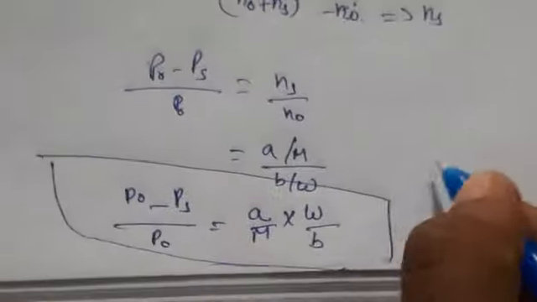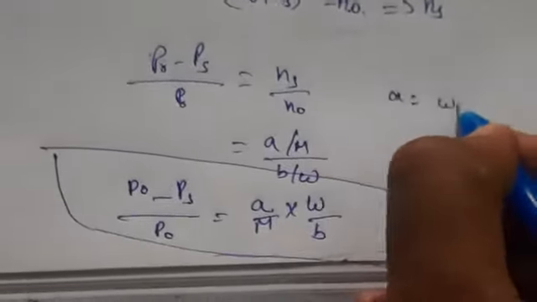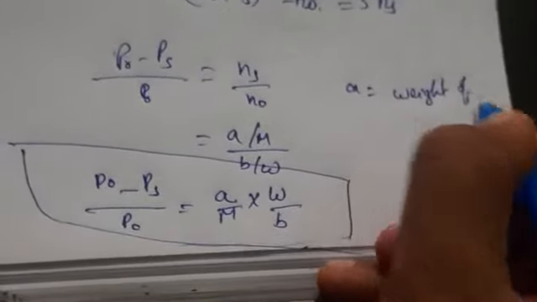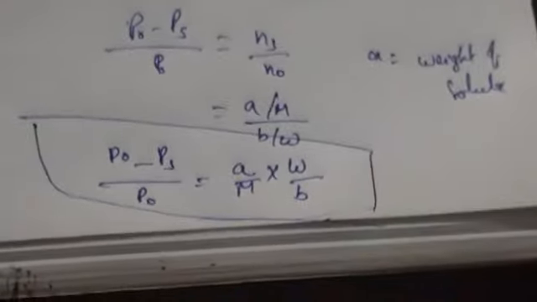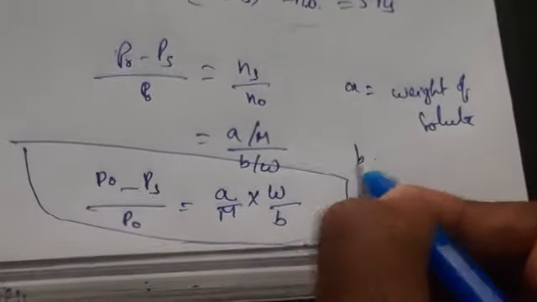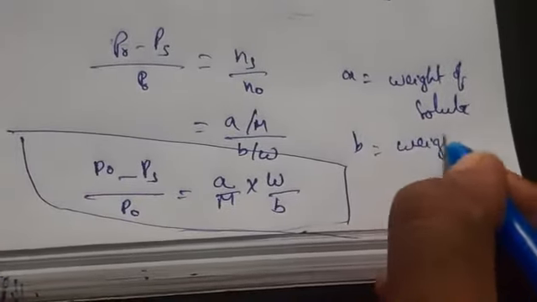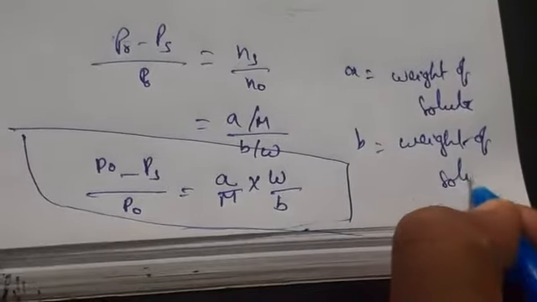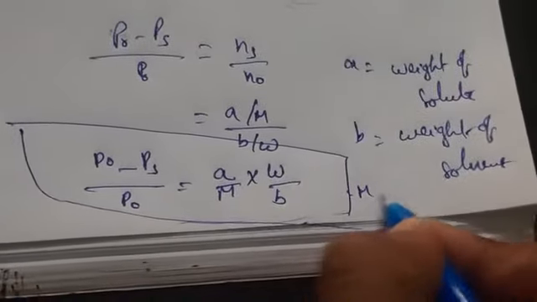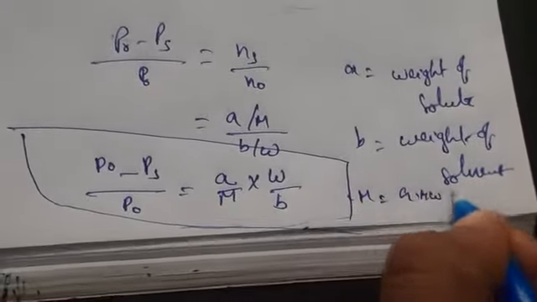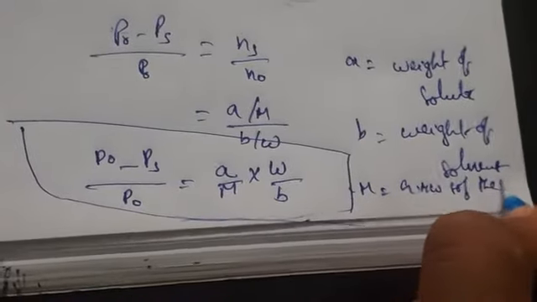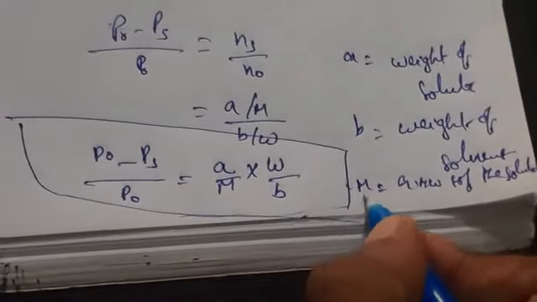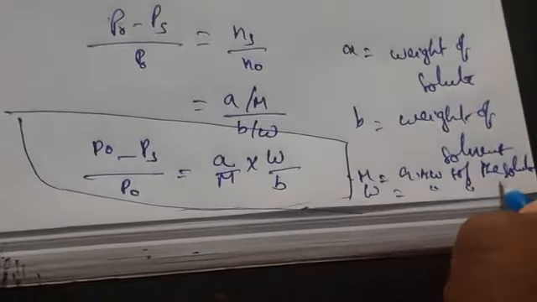A is the weight of the solute, B is the weight of the solvent, M indicates the gram molecular weight of the solute, and W indicates the gram molecular weight of the solvent. So this is Raoult's law.